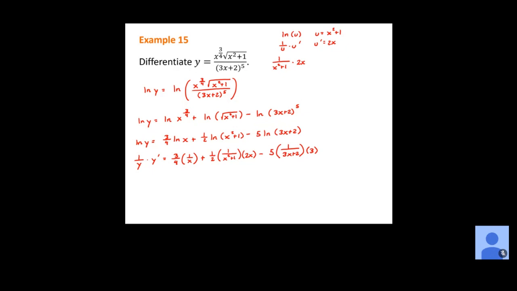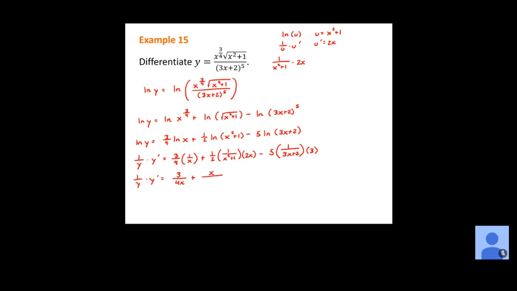All right, now all that's left at that point is just a little bit of simplifying and some substitution. So I'm going to go ahead in this case and say, well, this is 1 over y times y prime. This right here is just going to give us 3 over 4x if we multiply that, plus, in this case, the 1/2 and the 2 would just give us a 1, so we really only have the x here.